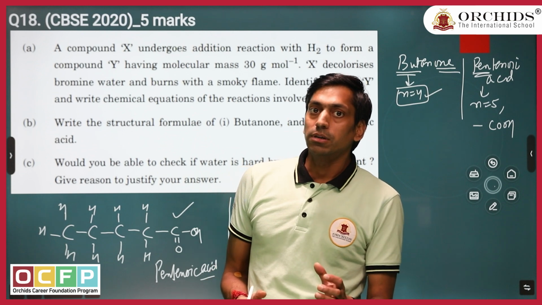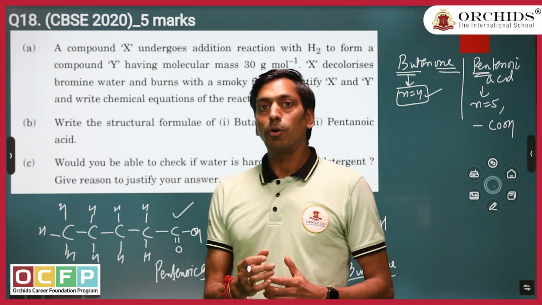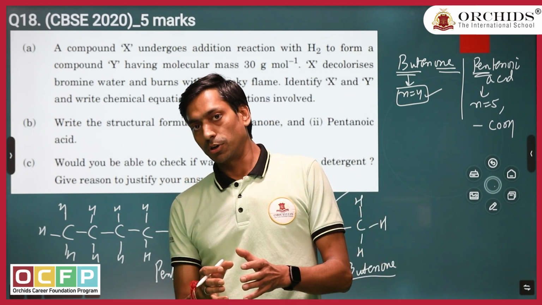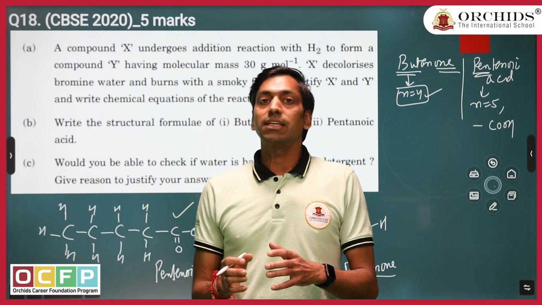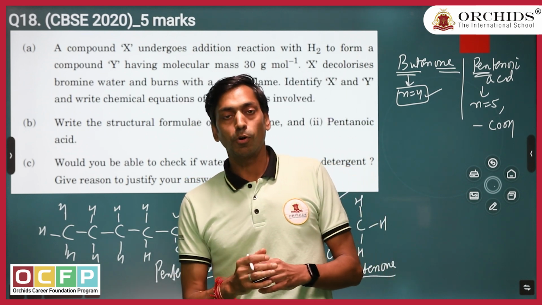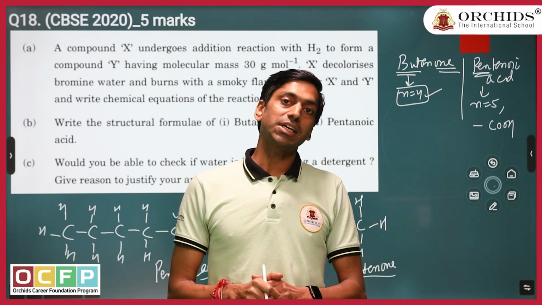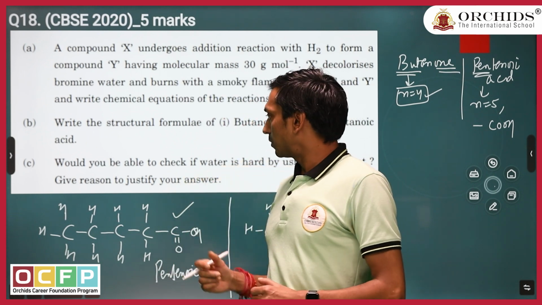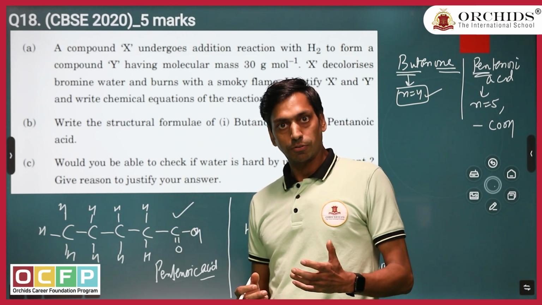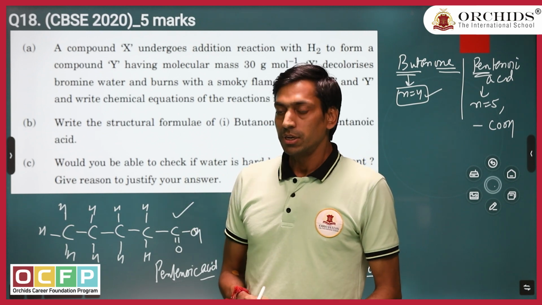And soap can produce foam only in soft water, not in hard water. But detergent can produce lather or foam in both soft as well as hard water. Therefore detergent cannot be used to check whether the water is hard or soft. Instead we can use soap. Why?